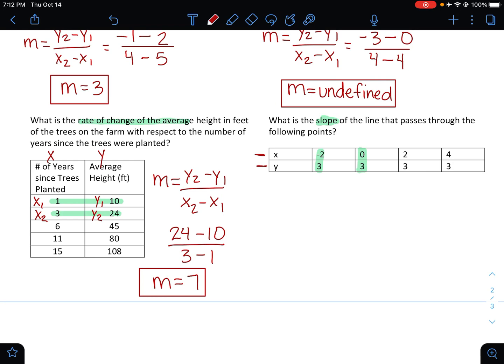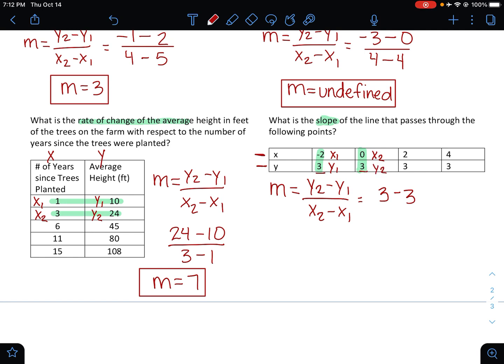So I'm going to go ahead and write out my slope formula. M equals y sub 2 minus y sub 1 over x sub 2 minus x sub 1. And I'm going to plug in my values. I forgot to label them. So this is x sub 1, y sub 1, x sub 2, y sub 2.